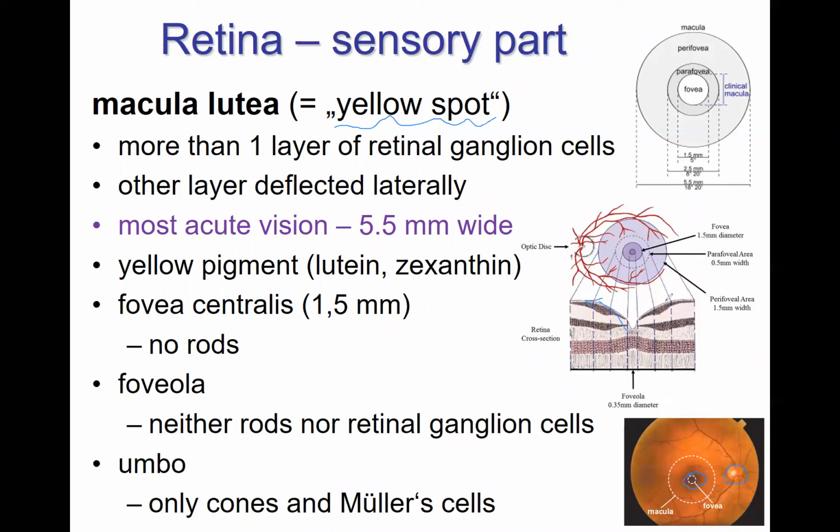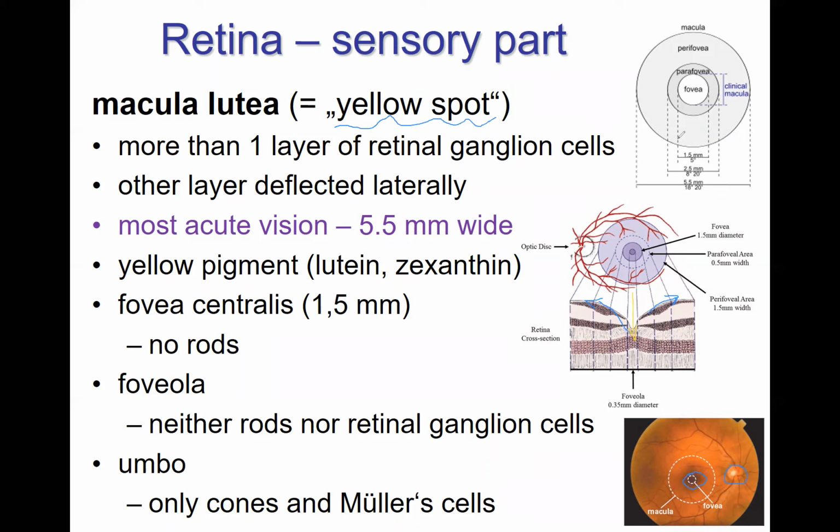So then the light can easily come directly to rods and cones, and in the center to cones only. So there is no loss of photons. All the photons come here, so it's the place of the most acute vision.